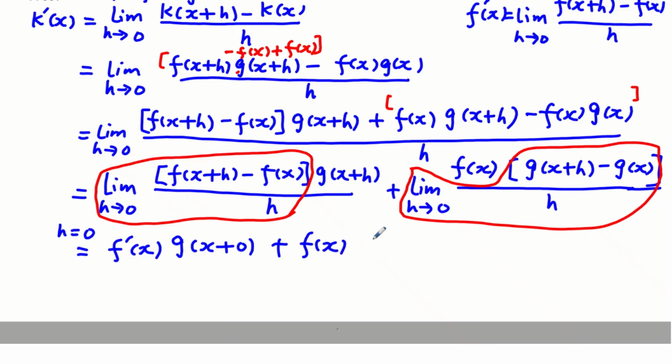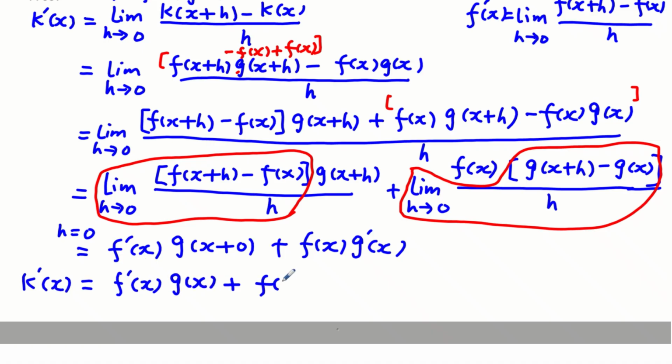Then the limiting value is g prime x. So this one, x plus 0, is g at x. So if we write it again, what we have is K prime of x equals f prime x times g x plus f at x times g prime x.